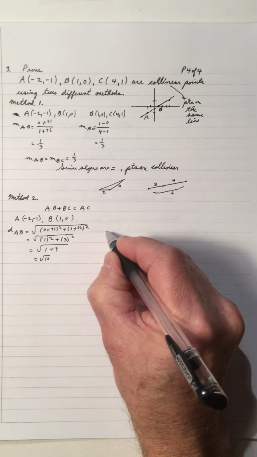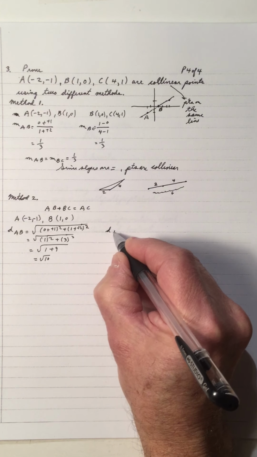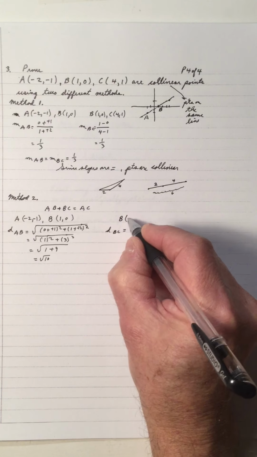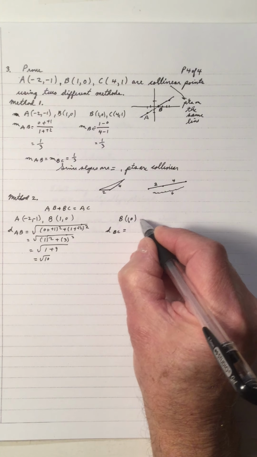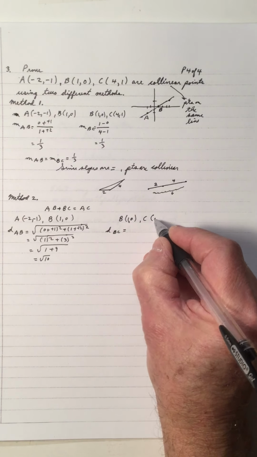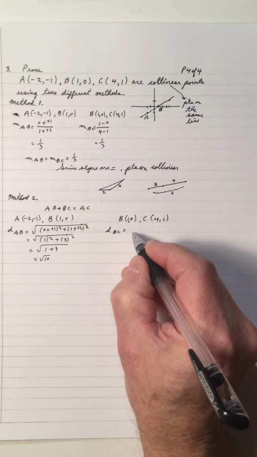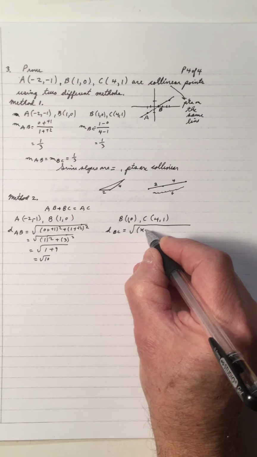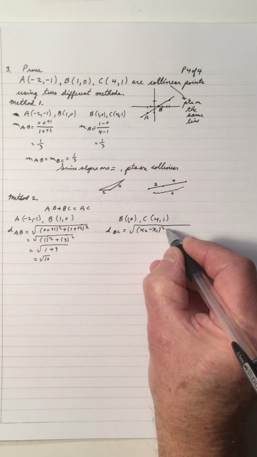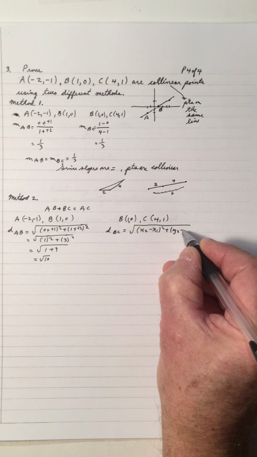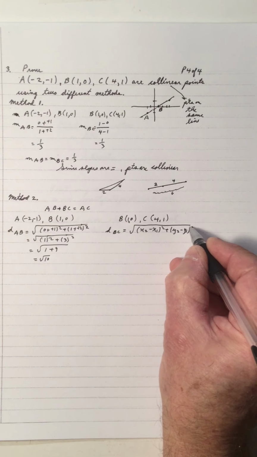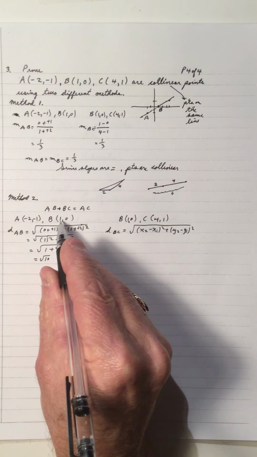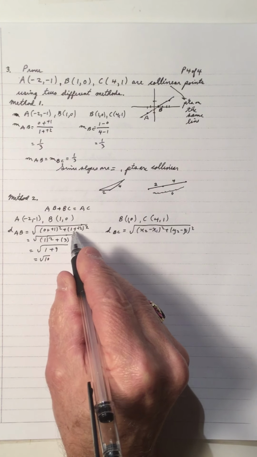Now we'll get the length of BC. B is 1, 0. C is 4, 1. And this time I'll write out the whole x2 minus x1 plus y2 minus y1. Just then we did the x's and we did the y's.